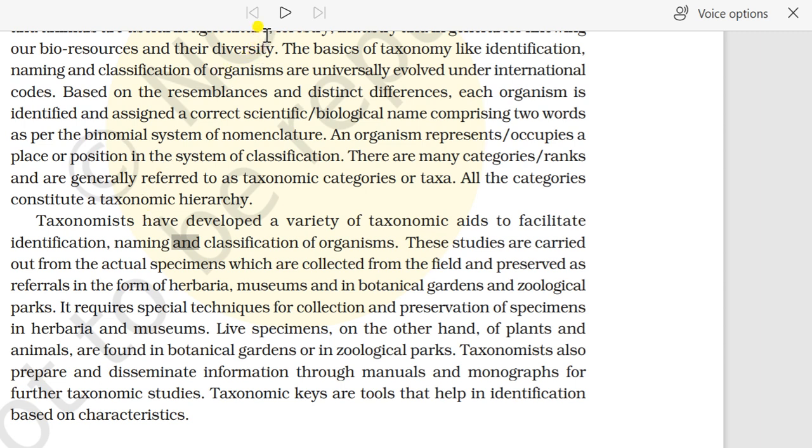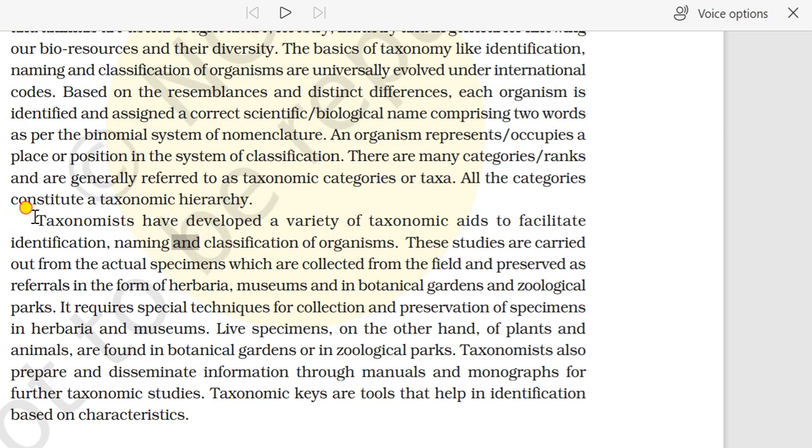So, taxonomists also give names to animals. That is why they are special people, just like we have special people for humans. They have developed aids, so in panchayats they give names according to rashi.